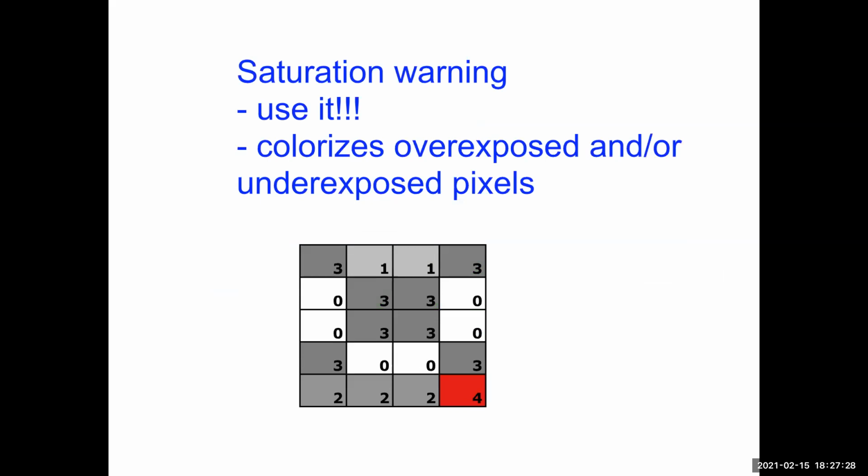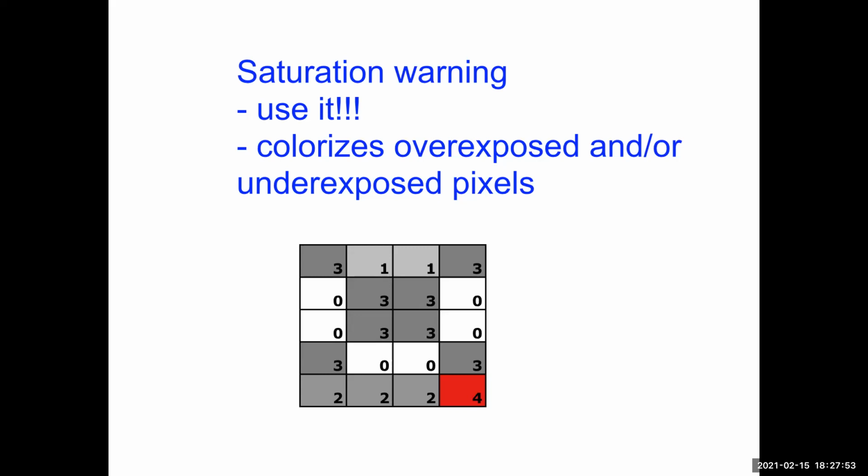Okay, on your computer, in your software, when you're imaging, there's an overlay that will warn you if you're saturating something, and it uses a particular lookup table that just gives you color. It's color coded when you're saturating, and it's very useful, and pretty much all software has this.